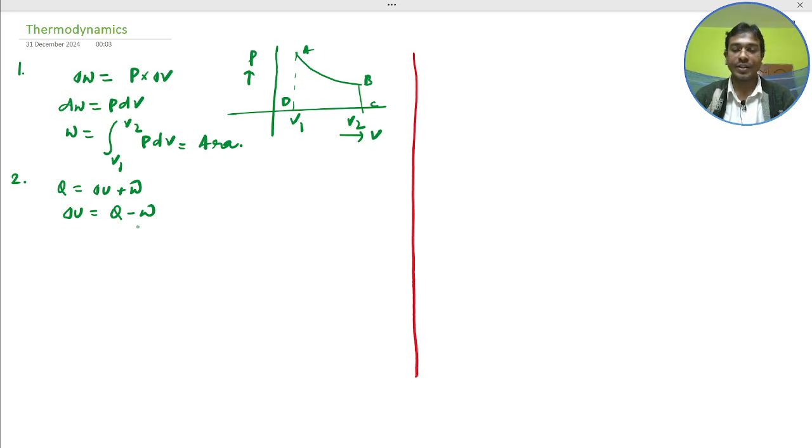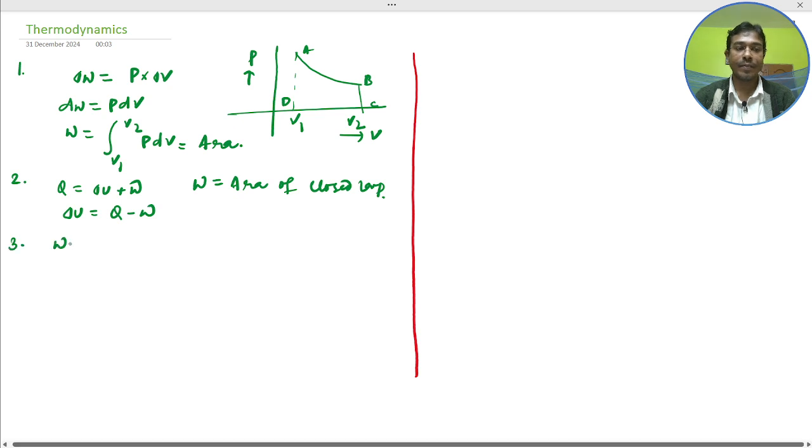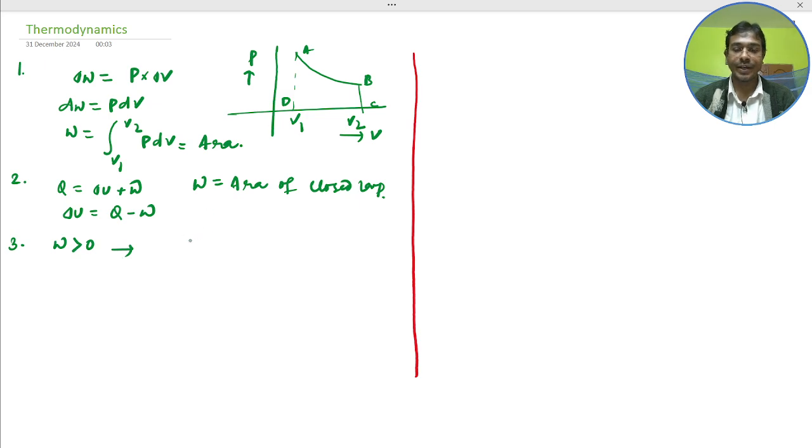So W is equal to the area of the closed loop. And the next one, a very important theory: work done by the system is positive when the direction is clockwise.